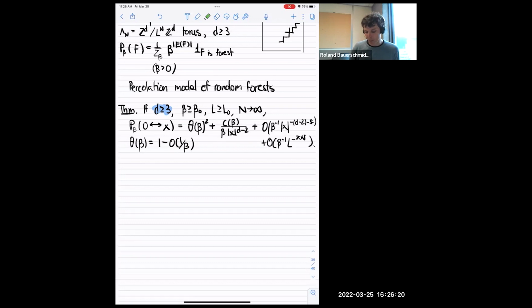You have the connection probability behaves at low temperatures asymptotically like a constant. But in this model, as opposed to ordinary percolation, the corrections are polynomial. They are free field-like. And so it behaves much like a Heisenberg model rather than an Ising model at low temperature.